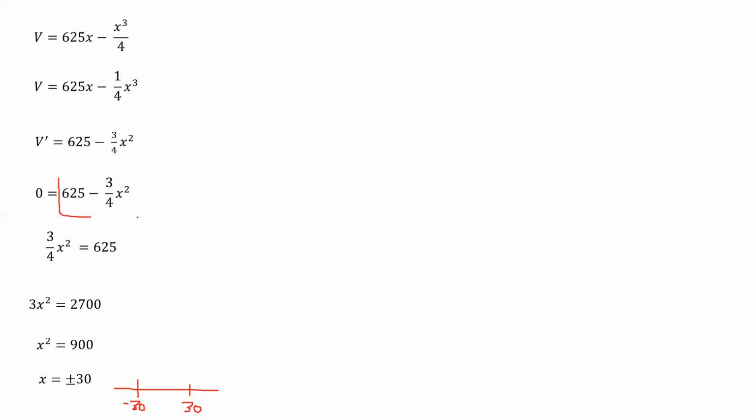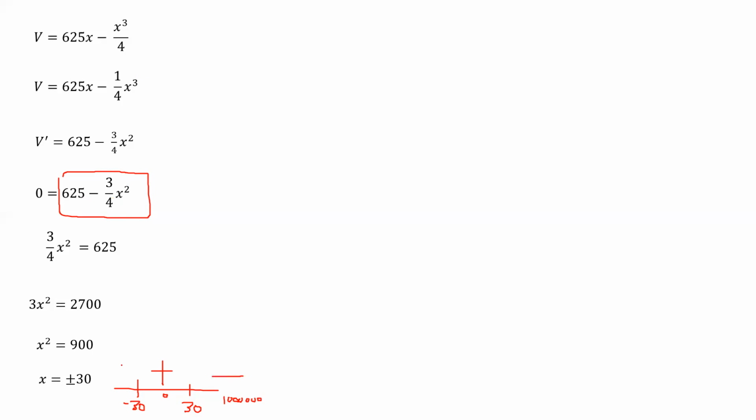We haven't changed any sign, so we can plug in here. Nice easy number in between would be 0. And that would be a positive because I'm left with 675. Nice easy number out here. How about 1,000,000? That sounds like a good number. Take 1,000,000 squared, multiply by 3/4, 675 minus that, definitely negative.